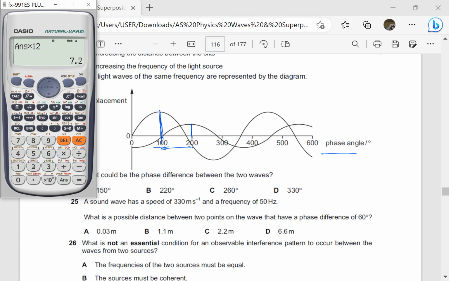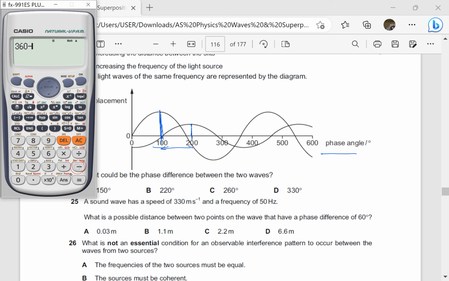So this is going to be, let me check, 150. That is 360 minus 150, no, that is not true.